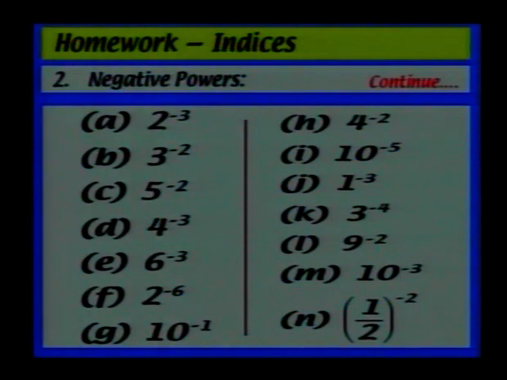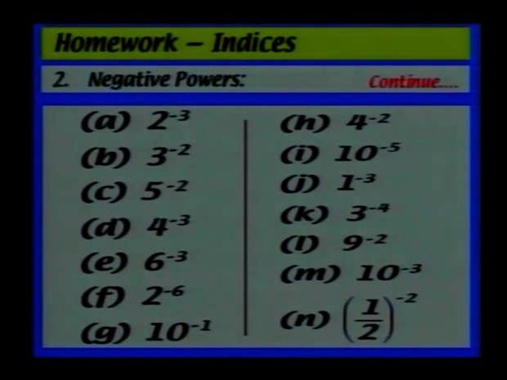Who's next? Garonamo, the answer for A. 1/8. Miriam B. 1/9. Then C. 1/25. Good. Chutaili, 1/64. E. Ekoy, 1/216.